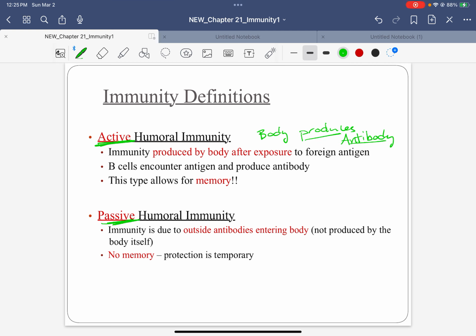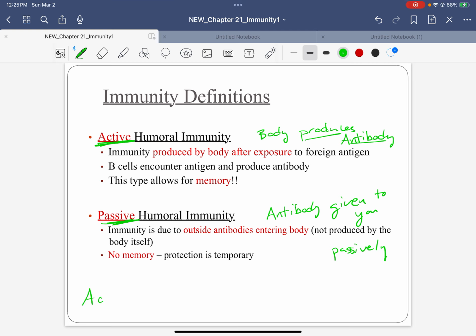Passive means the antibody was given to you passively. I'm going to give examples in a moment. So this has everything to do with active versus passive, has to do with the way in which the antibodies were produced or delivered.